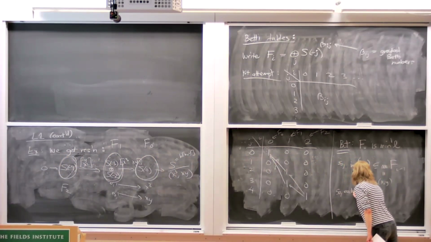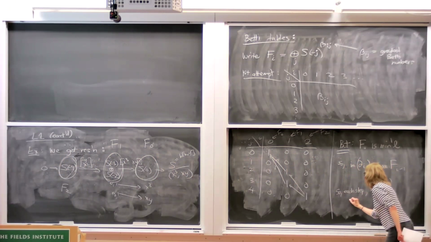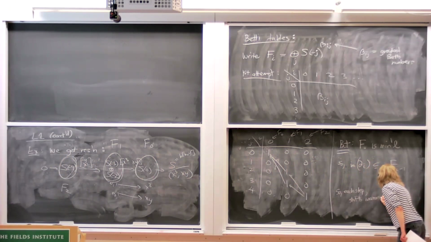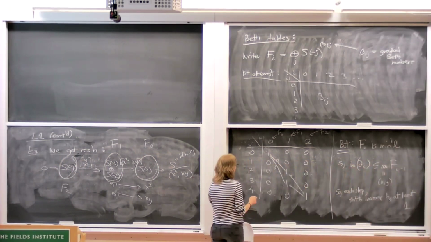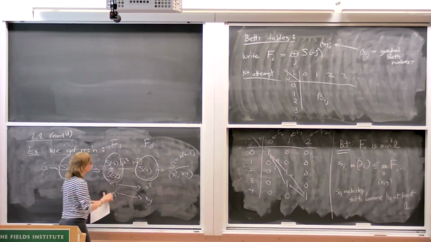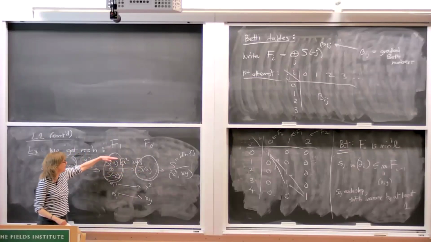So it has to shift by at least 1. So at each step, the shifts increase by at least 1, or the thing dies, right? Great. So that means that for F1, you're never going to get an S0.